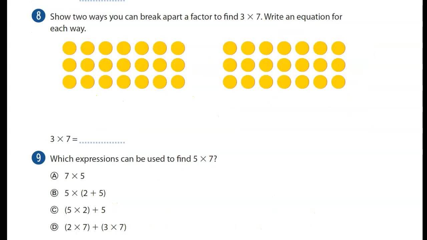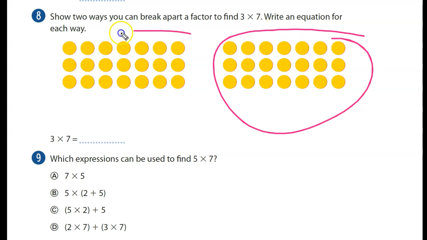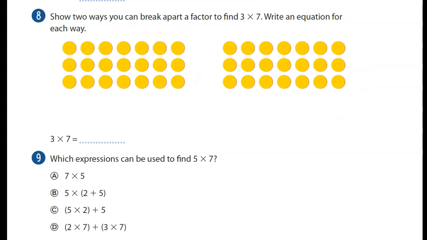It says, show 2 ways you can break apart a factor to find 3 times 7. Okay? So each one of these arrays represents 3 times 7. Now we have to break it apart twice. Okay, so let's break apart this one.